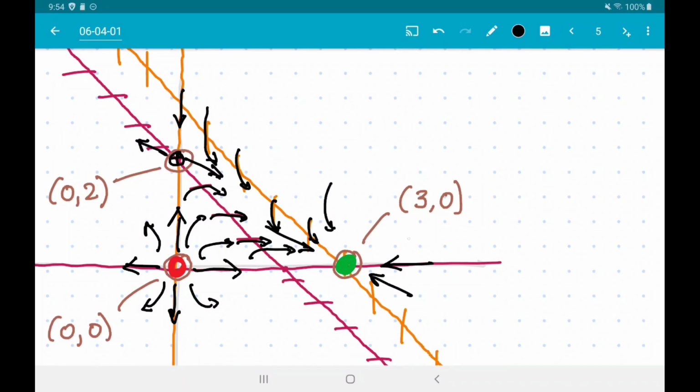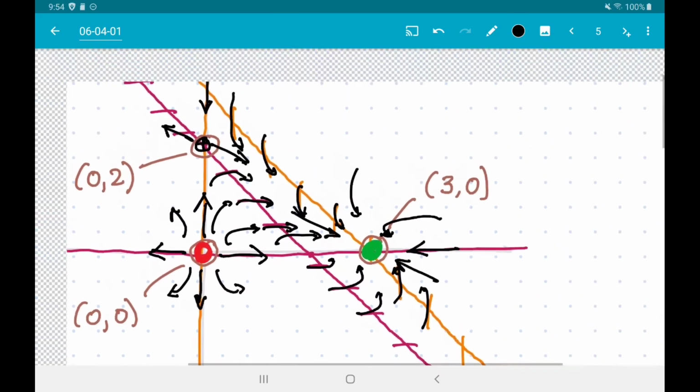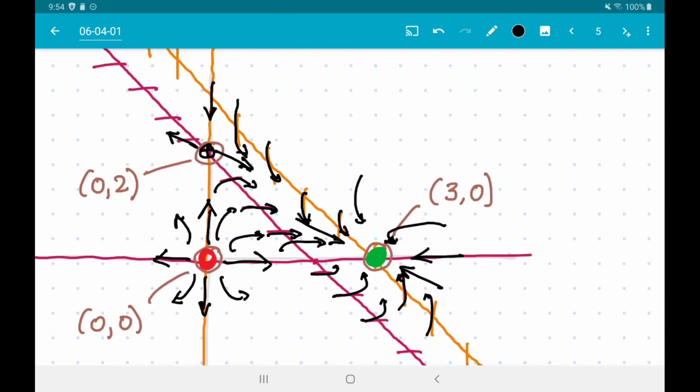And we can kind of fill in here. Well, actually, yeah, they're going to kind of hook around just a little bit there. And that is pretty much our phase portrait.